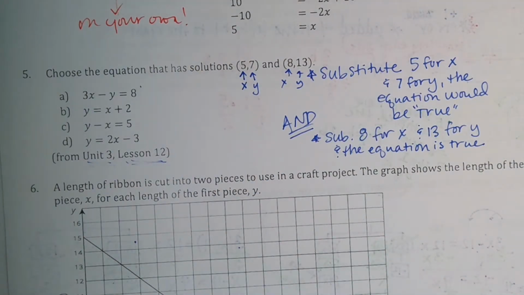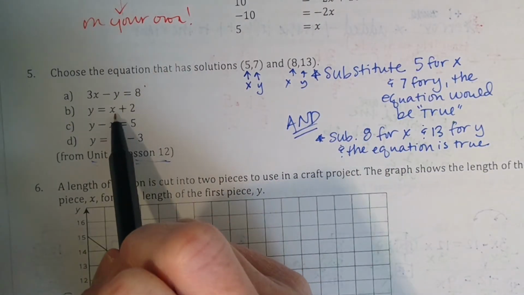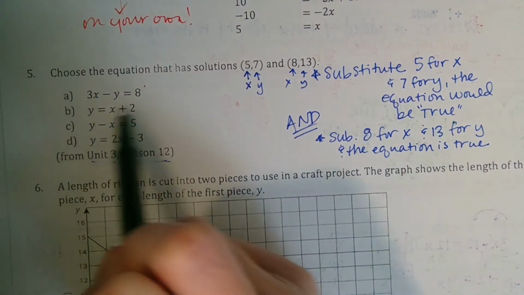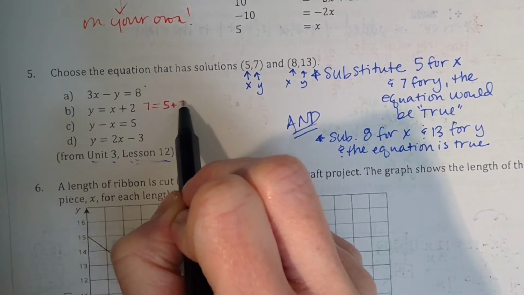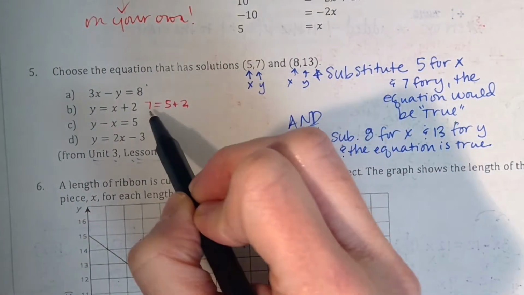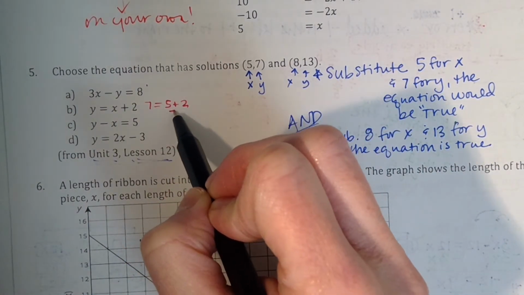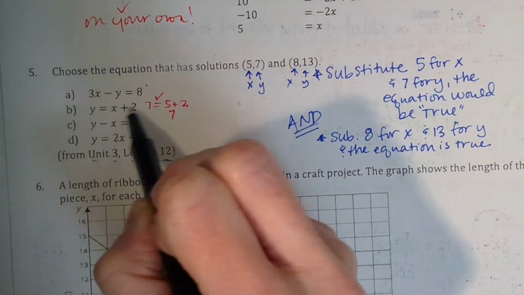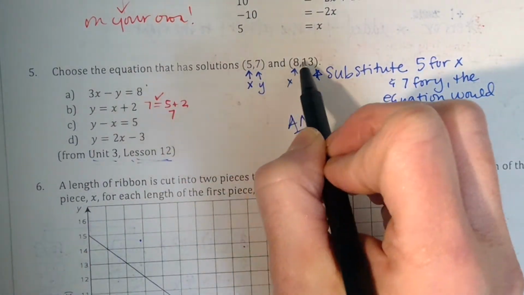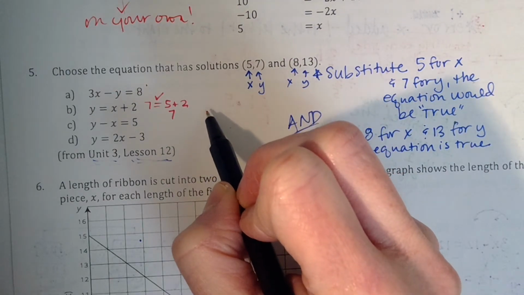So for example, if we look at B, I'm going to take 5, 7 and substitute. So the y is 7. 5 plus 2 is 7, so that checks out. So 5, 7 is a solution of B. Now we need to test 8, 13.